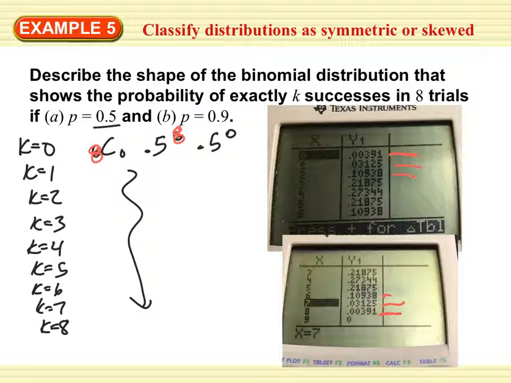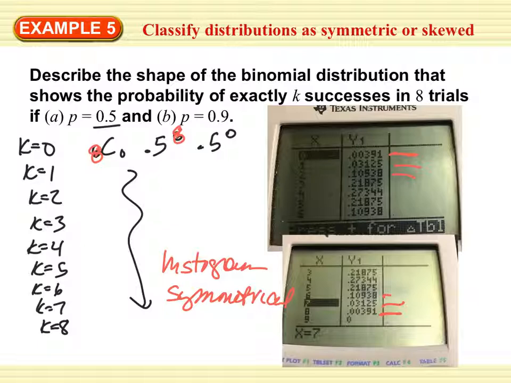Etc., etc. So if I were to draw a histogram, I'd get a very symmetrical histogram. My highest point is going to be 4, and it mirrors down and up from 4.